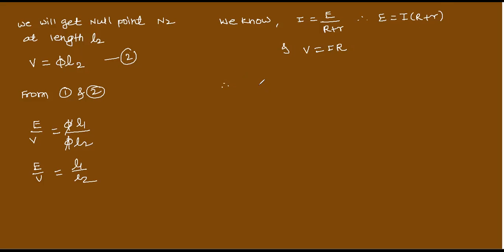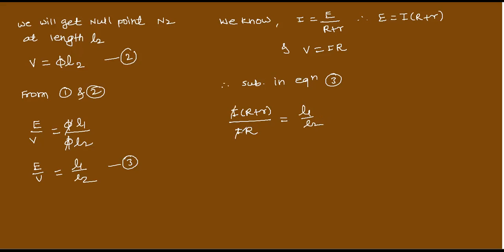Therefore, substitute these values in equation 3, we will call it. In equation 3, what are we getting? E by V is I into R plus small r divided by I into R, is equal to L1 by L2.